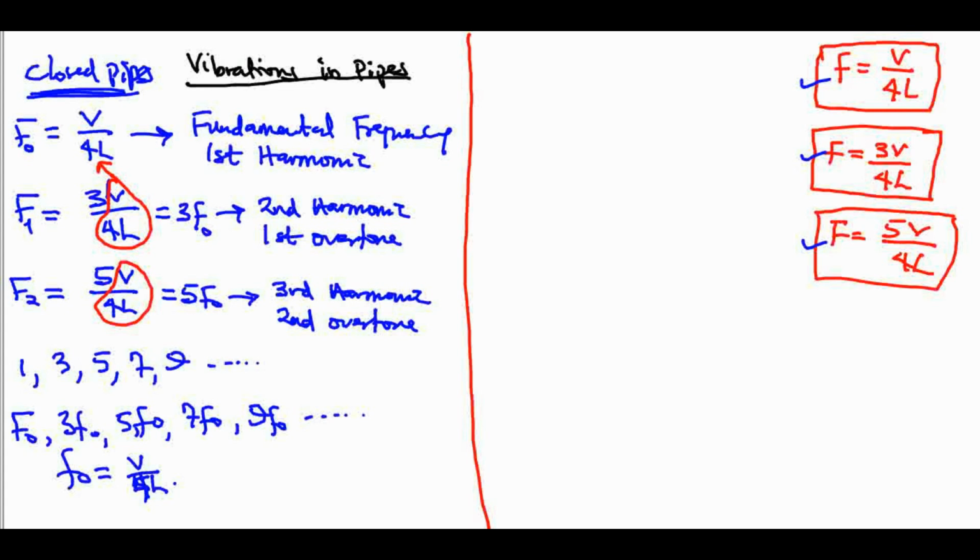Any other vibration higher than the fundamental frequency, we call it an overtone. So we have the first overtone, the second overtone, the third overtone, the fourth overtone, as the case may be. And calculations can be done simply by remembering that for closed pipe, just closed pipe, because we're soon going to talk about open pipes, they are odd number multiples of the fundamental frequency.